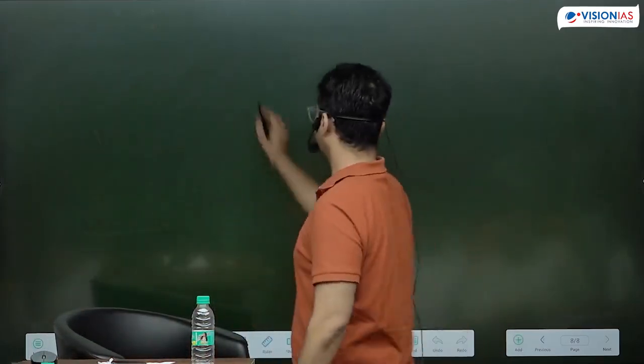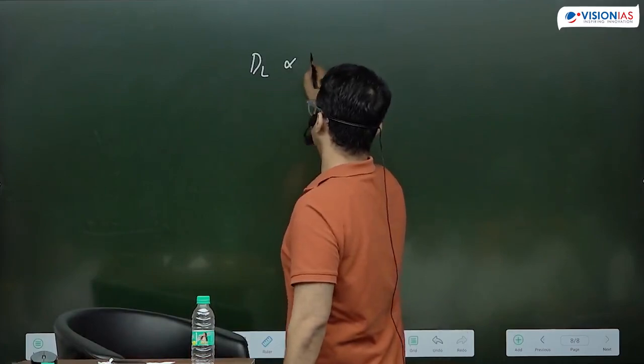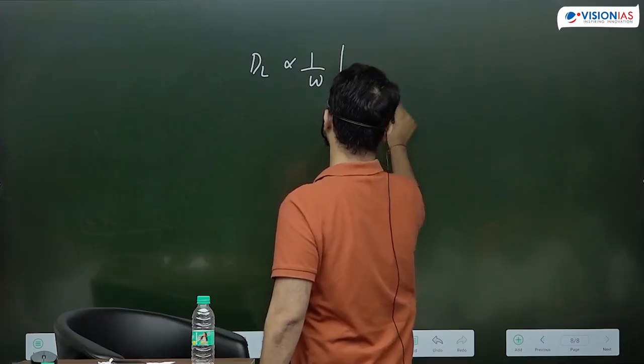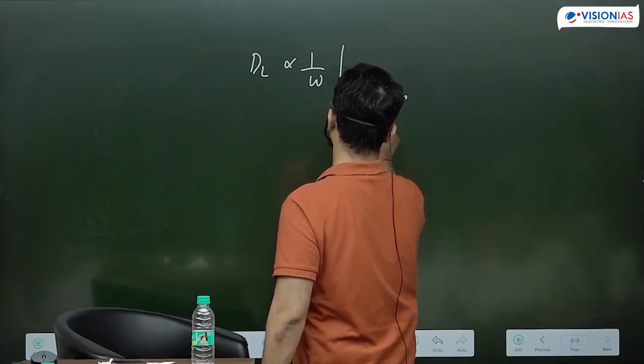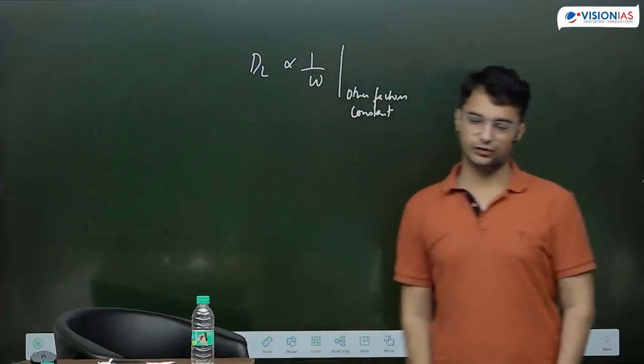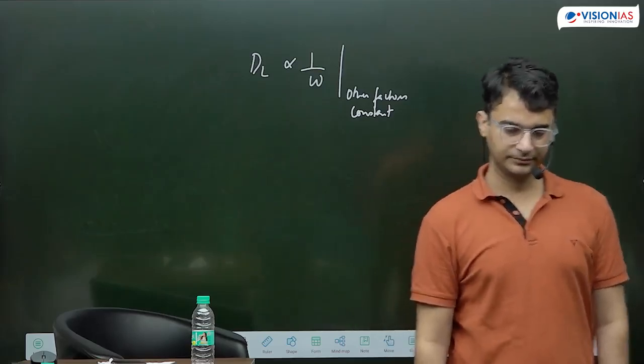On the next side, write DL inversely proportional to W, other factors constant.